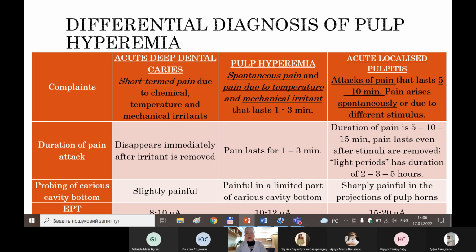Probing is painful in a limited part of a caries cavity bottom, but painful. The results of electric pulp test: 10-12 microamperes, excuse me.